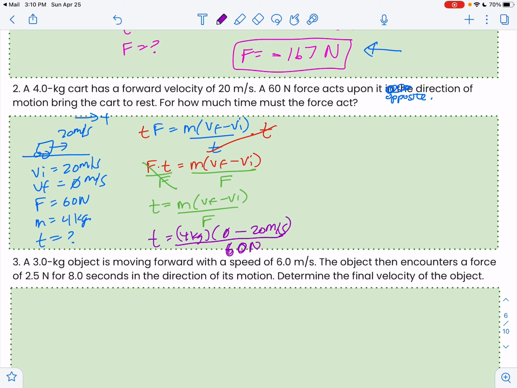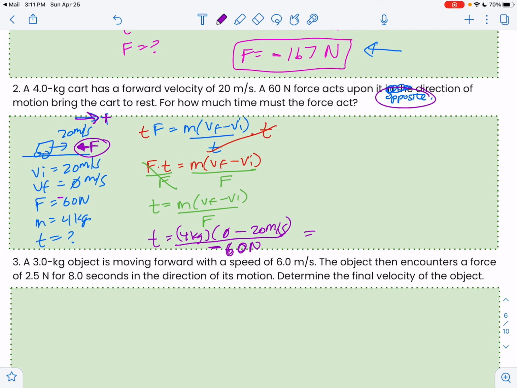But do you see what's going to happen here? The time's going to come out negative, which it can't. So here I have to put a negative, because it says in the opposite direction, so whatever is hitting it is going to be facing opposite. So that to the right is positive, that force has to be negative 60.